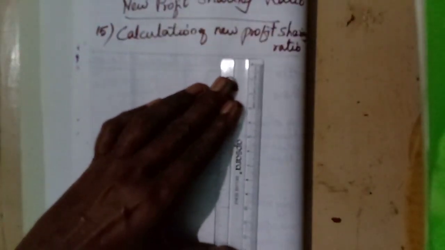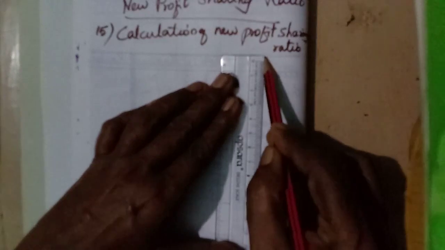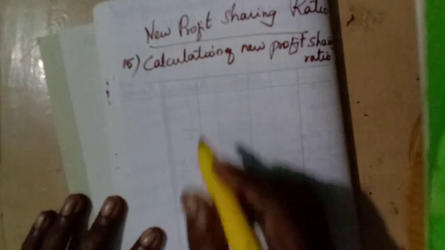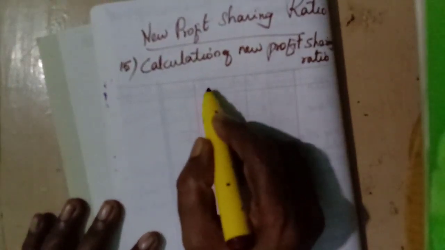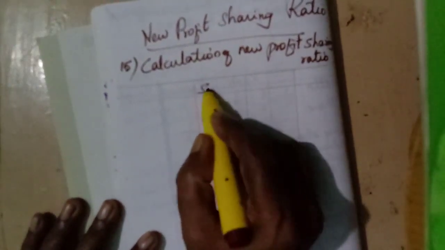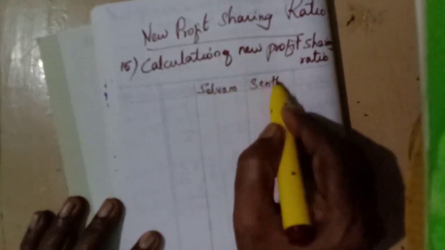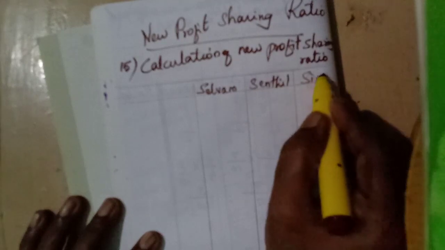Three columns: 1, 2, 3. Partners' names we should write. First the old partners, Selvam, Senthil, new partner Siva.